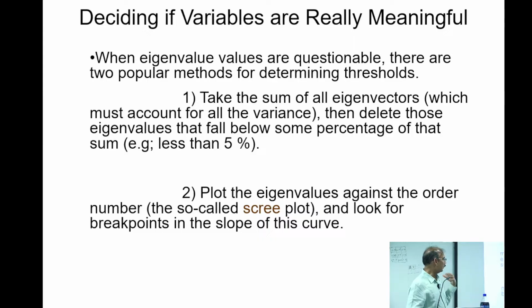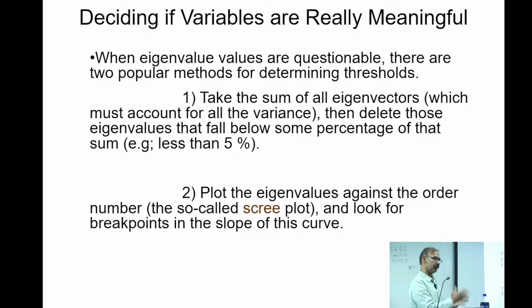So you can use this and take the sum of all eigenvectors, which must account for all the variance, right? So this is one way. If you have several time series, you can find the eigenvalues and eigenvectors, and as you add them up, that will tell you how much of the variance is getting added up, right?